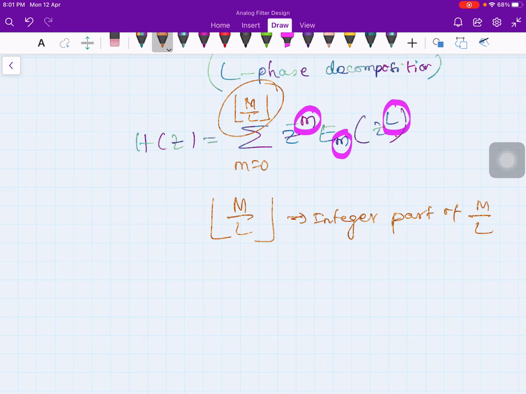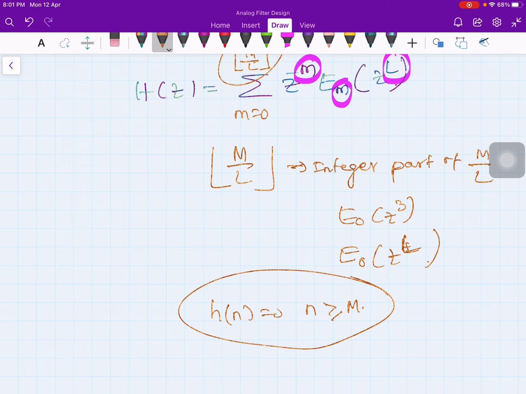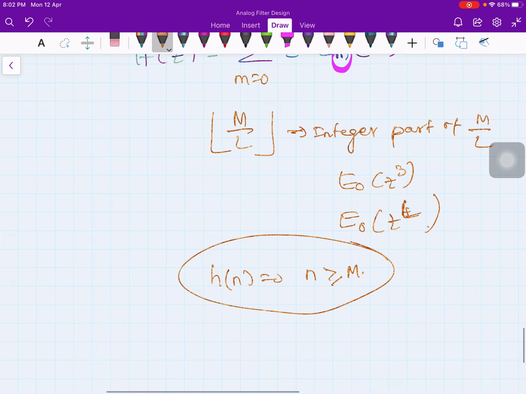For a three-phase decomposition, we had E0 of z cubed. For L phase decomposition, we have E0 of z to the L. And h of n will obviously be 0 for n greater than or equal to capital M. Some of them may not have the same number of components as others, because h of n is equal to 0 for n greater than or equal to M. I mean, I don't have any other term.